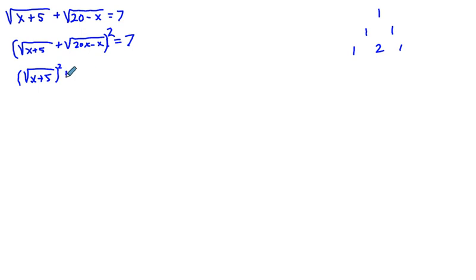And then we have the pattern 1, 2, 1. That means we're going to have 2 times both of these terms.